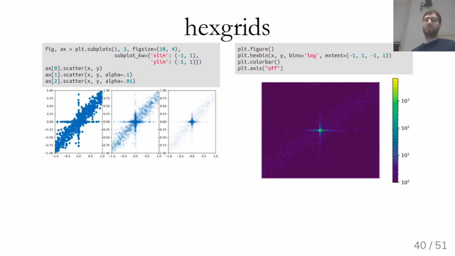What you can see here means that the center point has about 10 to the 4 points, and everything else has 10 points at most. So all the data is in the center.